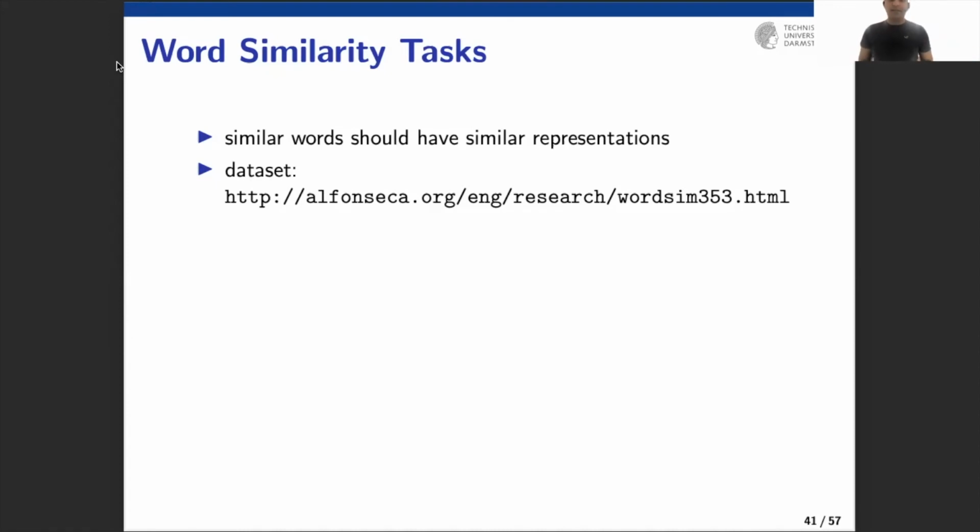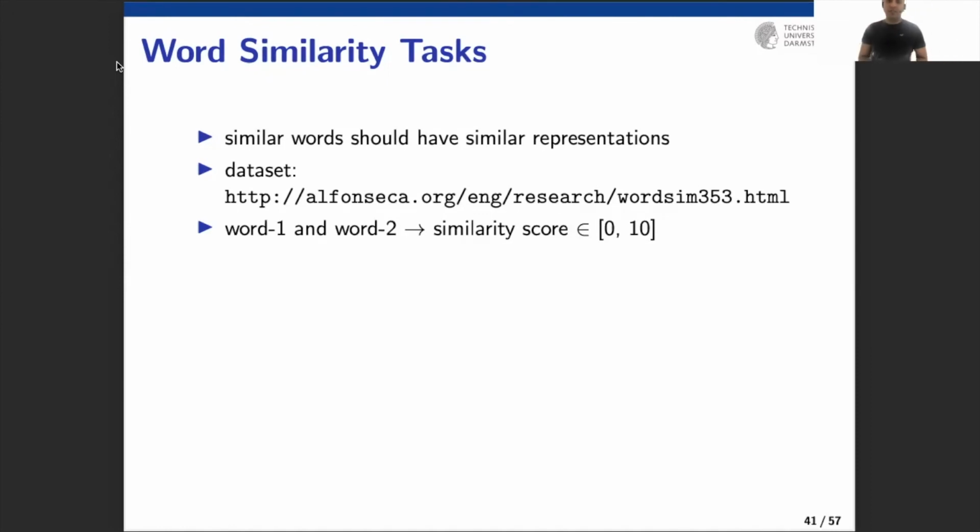So in the word similarity task, the goal is that similar words should have similar representations. We have a dataset that is publicly and freely available, so we can download it to report our results.